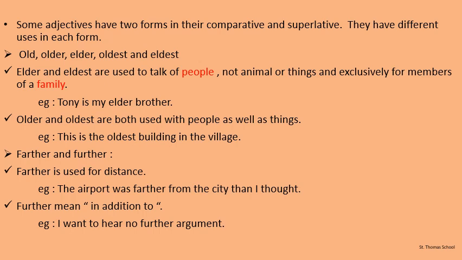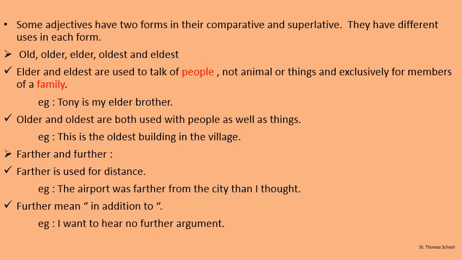Next, older and oldest are used with people as well as things. The elder and eldest forms are only used for people, but older and oldest can be used for animals, things, as well as people.